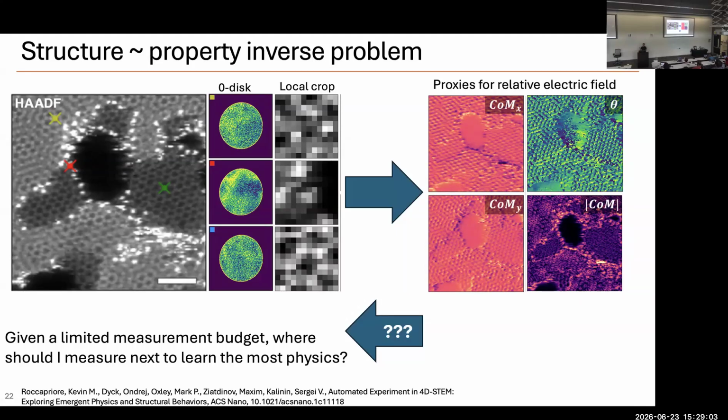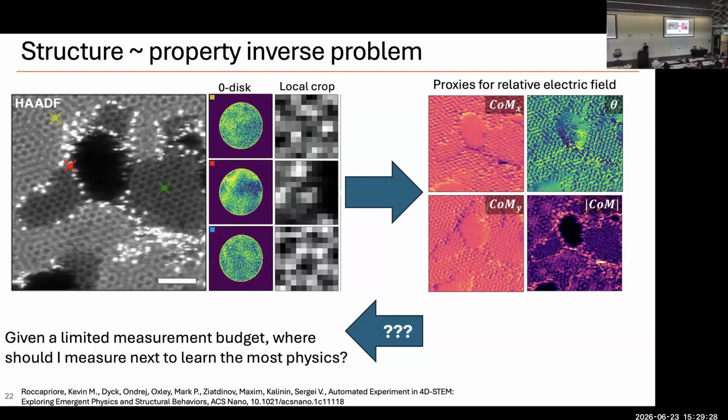The distribution of intensity inside the zero disk can be a proxy for relative electric field. And so you can actually couple the local structure to some local property. It's pretty straightforward to do this in a forward direction, where you take an image, you identify a location, and then you get some physical property out of that.